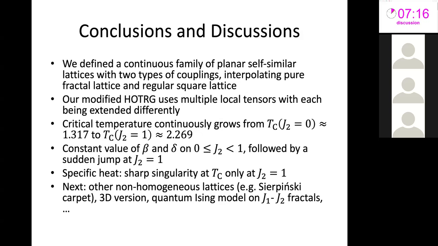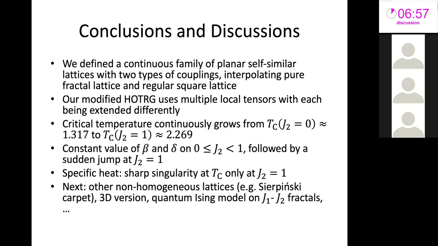So it properly increases its value from pure fractal to square lattice case. However, the critical exponents beta and delta are more or less constant on the whole interval between 0 and 1.